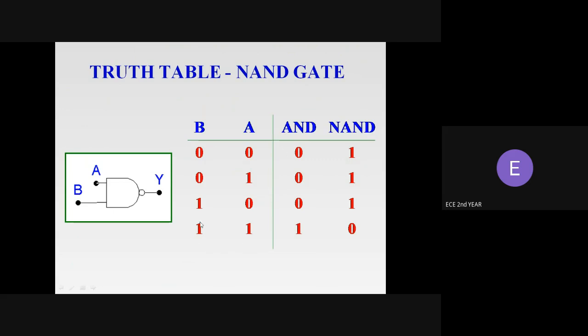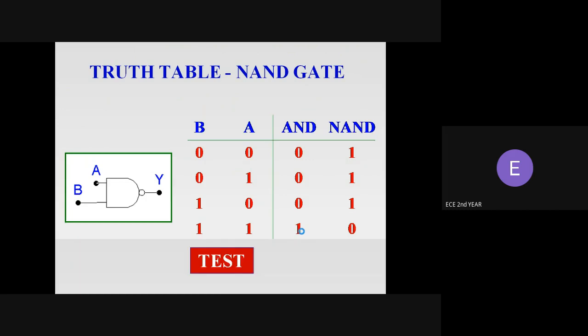When both the inputs are high, you will have a high output. Whereas the NAND gate is nothing but the inverted case of the AND outputs. So you see here, for all the zeros you will have ones, and for this particular one, you will have 0 here.